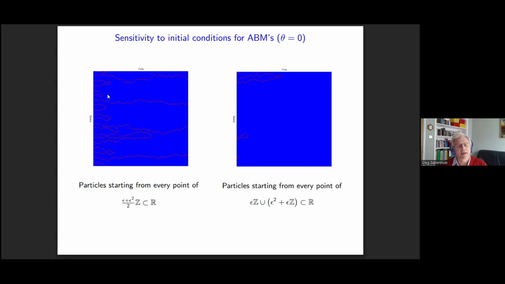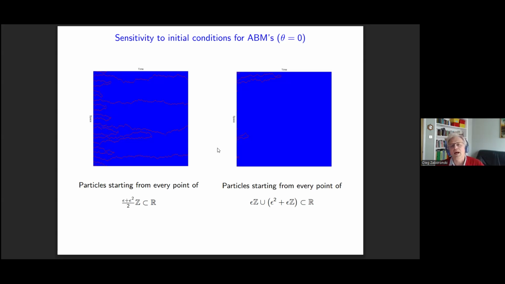And to start with, I start my particles from every point of the lattice Z scaled by epsilon plus epsilon squared over 2, where epsilon is a positive constant. In other words, particles are equidistant and they're separated by something close to epsilon over 2 when epsilon is small.